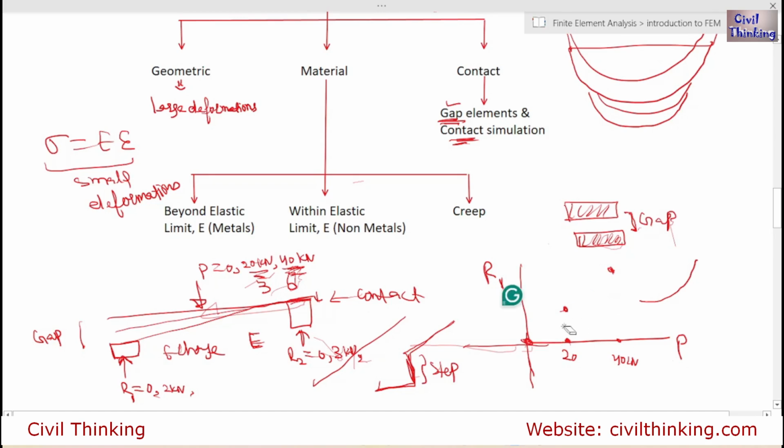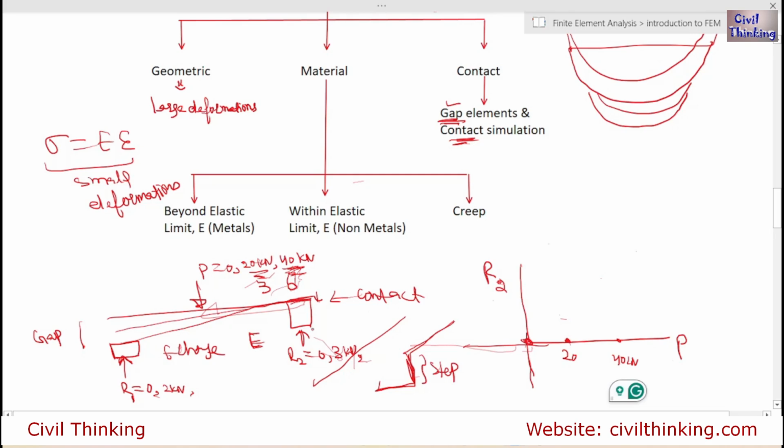If I draw the graph here, this is R2. So if for example this was 3 corresponding to 20, if it was linear, because 40 is double of 20, there should ideally be 6, right?